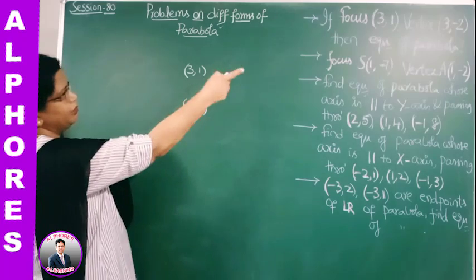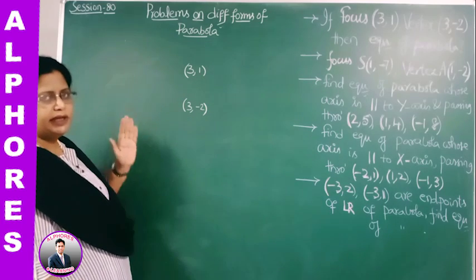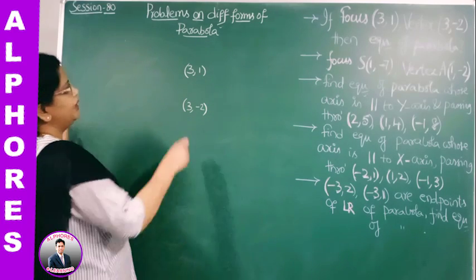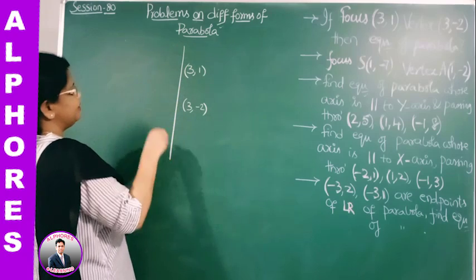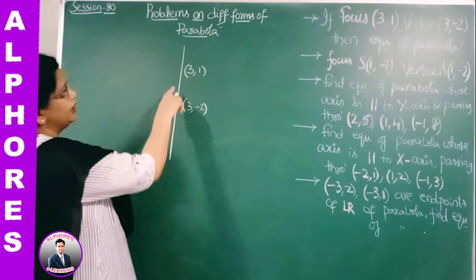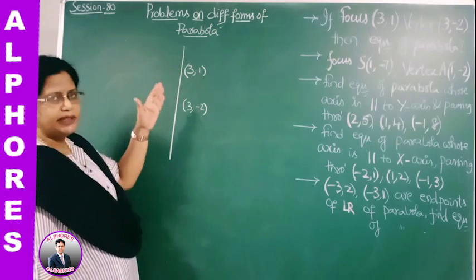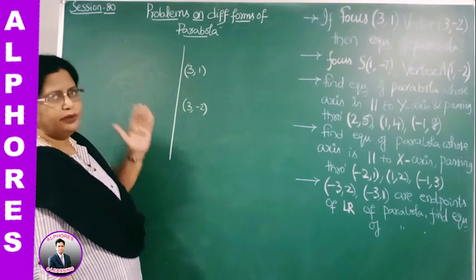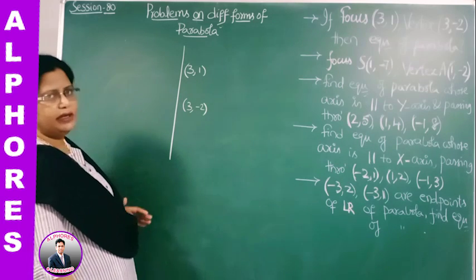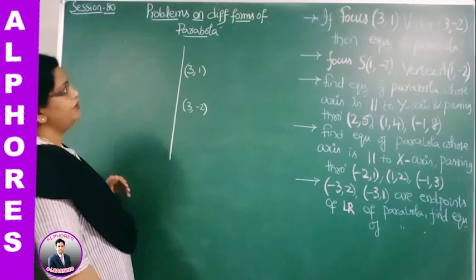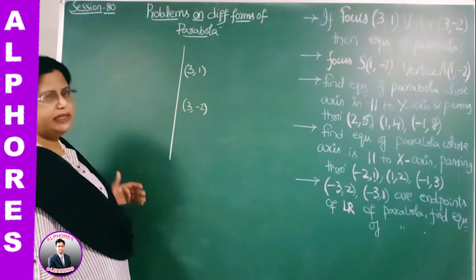That means focus and vertex lie on the axis of parabola, and this axis of parabola is parallel to the y-axis. Now whenever the axis of parabola is parallel to the y-axis, then what is our standard form?